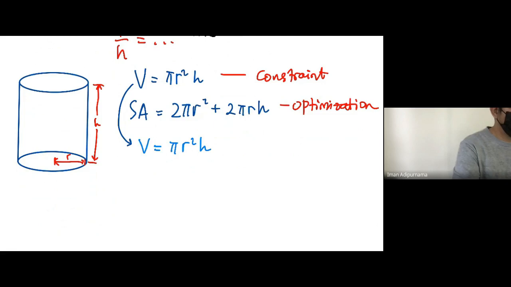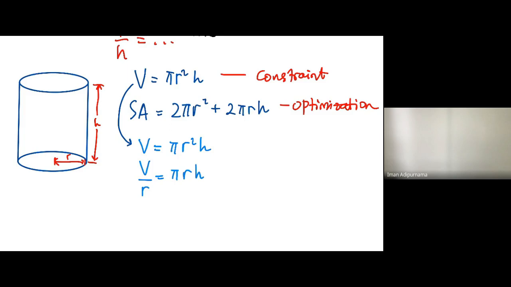You can rearrange it in some form; my preference is V over R equals pi r h. Why am I taking this? Because I will switch this with the pi r h in the surface area, and if we differentiate, it is a little bit easier.